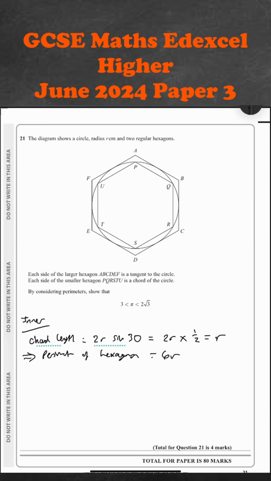So that's going to be 6r. If we look at the circle, this one's the easy one. The circumference is just 2 pi r. We can leave it in terms of r, and we can leave it in terms of pi, because pi is in the answer. Now, we need to look at the other, we'll call this the outer hexagon.